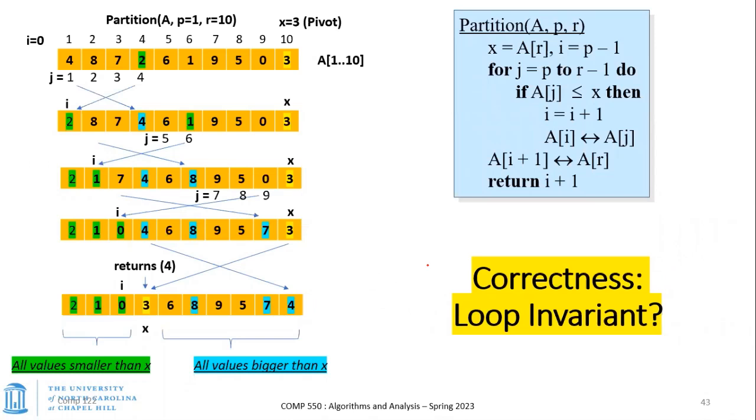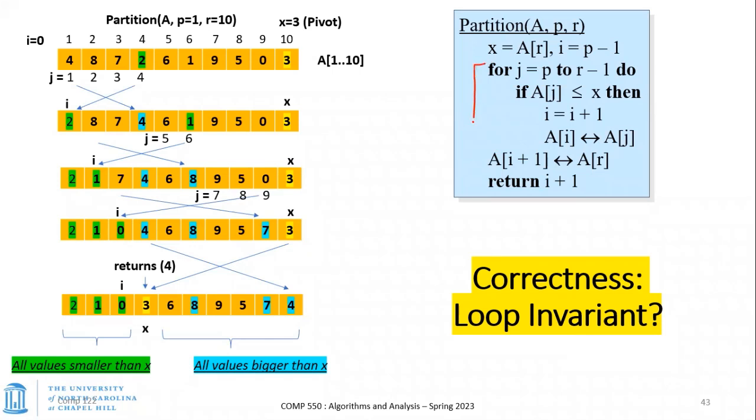Now that we've understood the overall algorithm, we look at the correctness. The difficult part is, can we come up with a loop invariant? What could be a possible loop invariant that one could define on the partition algorithm? Whenever you talk about a loop invariant, first you have to identify what the loop is, and there's essentially only one loop over here.